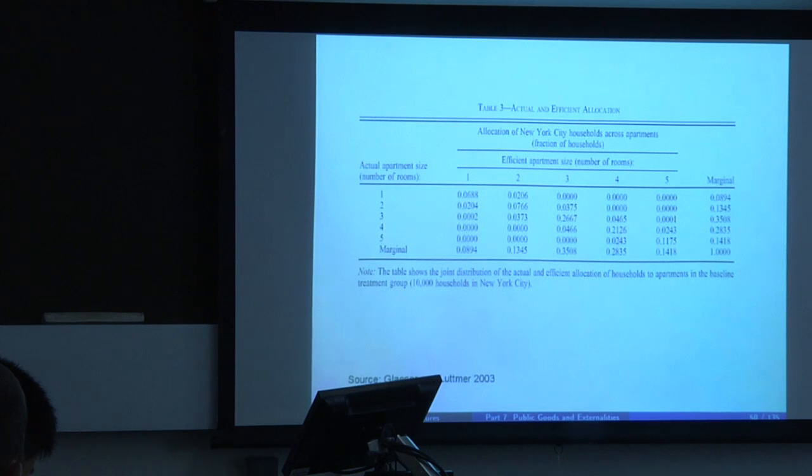What we should see is that there should be basically no chance that if the optimal apartment for you is a 3-bedroom apartment, you're in a 1-bedroom apartment.